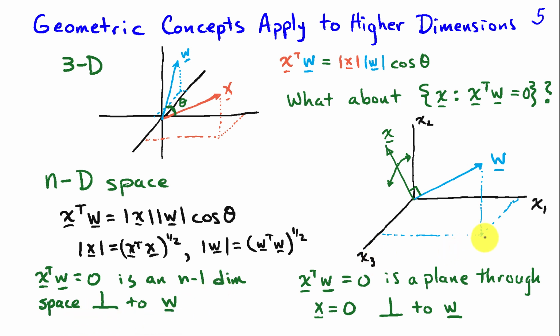Here we had a 3-dimensional space, and our set of x was a 2-dimensional space perpendicular to w. And when we were in 2 dimensions, we had a 1-dimensional space. So the set of all values that are orthogonal to w forms an n-1 dimensional space. That is a difficult notion to visualize.